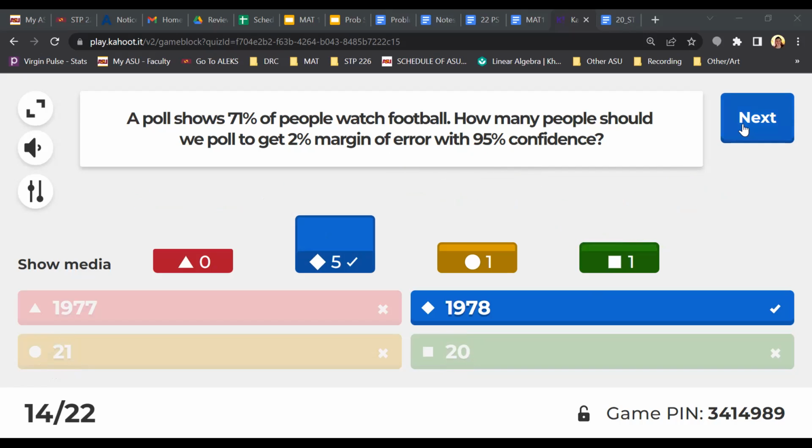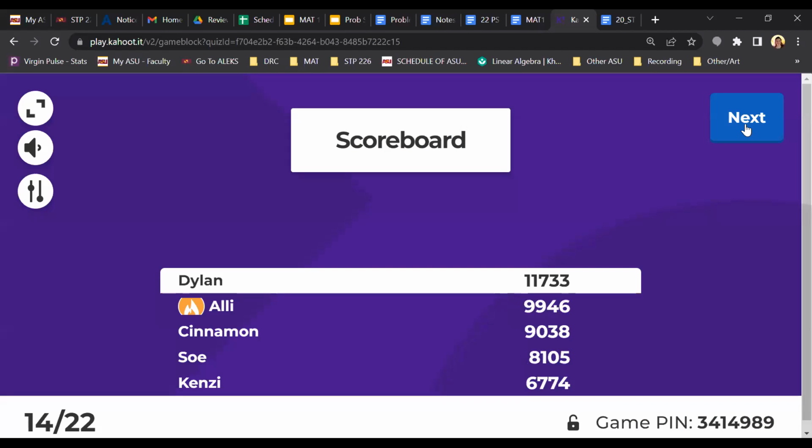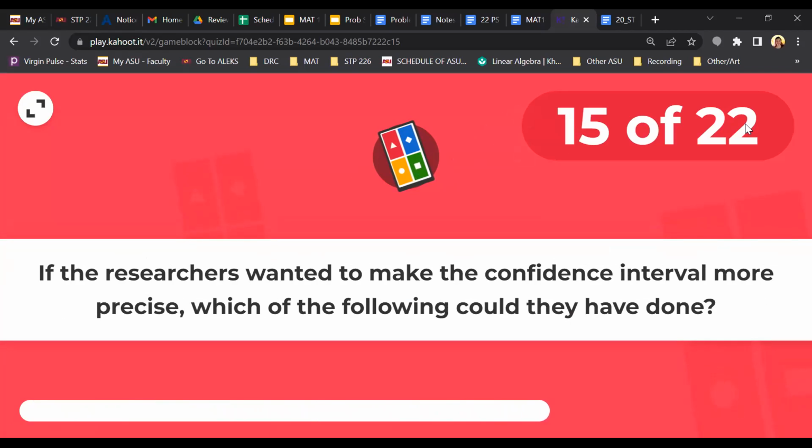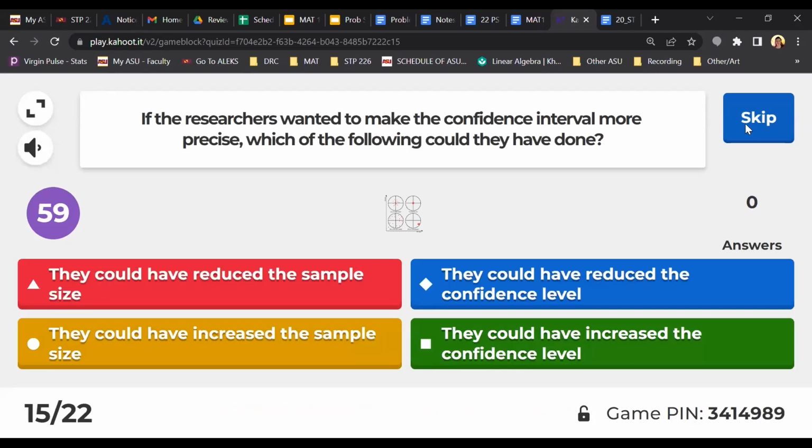All right. If the researchers wanted to make the confidence interval more precise, which of the following could they have done?